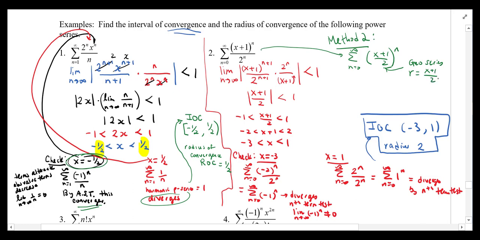And if you knew this was a geometric series, you knew that the absolute value of r, which would be the absolute value of (x+1)/2, had to be less than 1. And boom, there you go. And from here, you could have also solved the interval of convergence, and the radius must be 2. Knowing that this is a geometric series, guess what? Didn't have to do these things down here. Because I know that when |r| equals 1, this diverges.